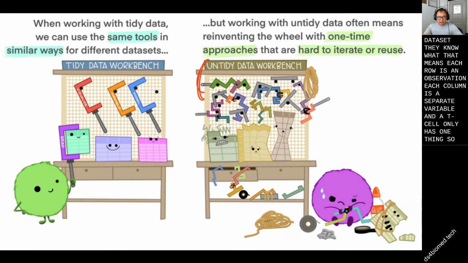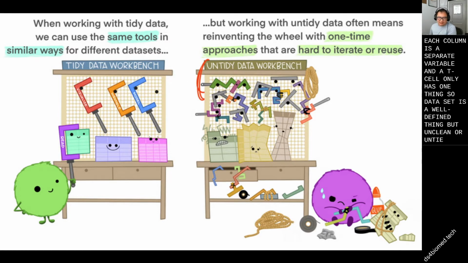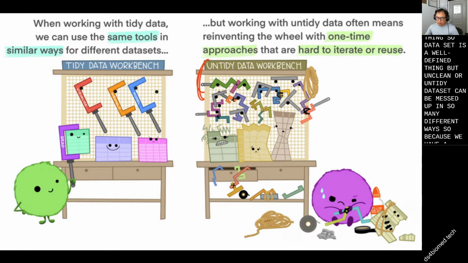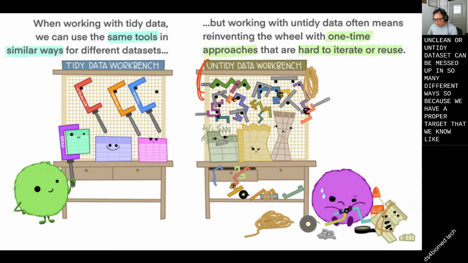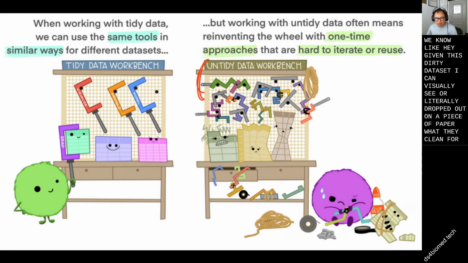So a clean data set is a well-defined thing, but an unclean or untidy data set can be messed up in so many different ways. Because we have a proper target that we know, given this dirty data set, I can visually see or literally draw out on a piece of paper what the clean format was or is, and then you can work your way towards making your data set cleaner.